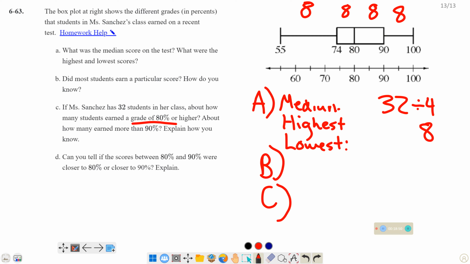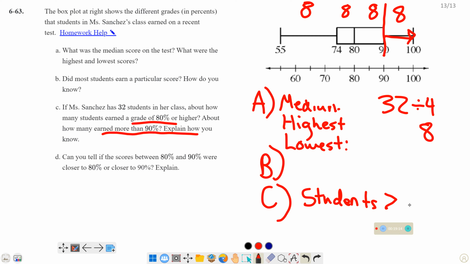How many students earned more than 90%? Well, about 8. So we need to write, let's write students. Let's see.